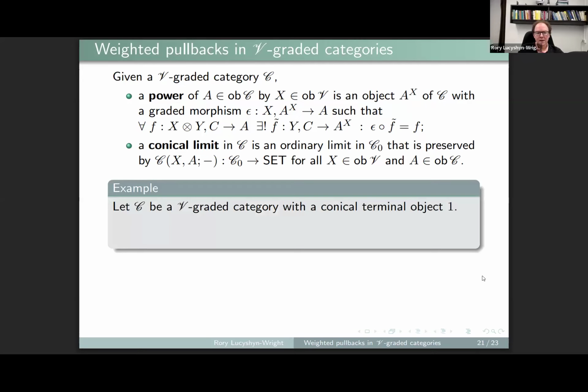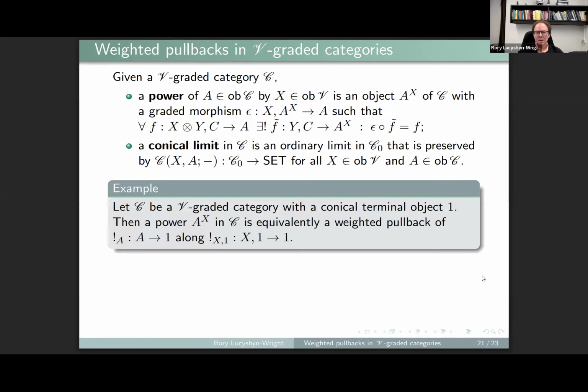Then with these concepts, as another example, if we have C being a V-graded category with a conical terminal object, then a power A to the power X is equivalently a weighted pullback of the unique morphism from A to the terminal object along the unique graded morphism of grade X from the terminal object to itself.